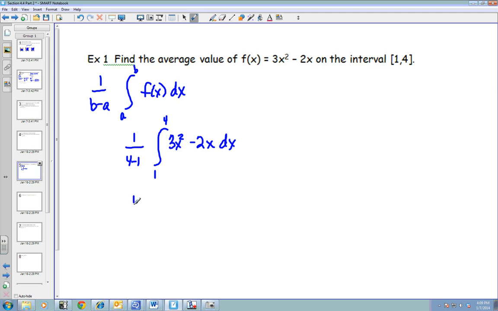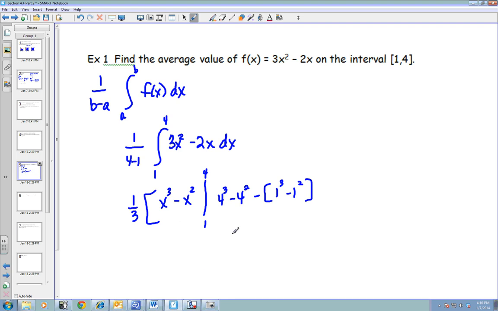So that's 1/3. Now I'm going to integrate this. 3x cubed over 3. So my 3's will cancel. That gives me x cubed minus 2x squared over 2. So that gives me x squared. And I'm evaluating from 1 to 4. Okay, so I'm going to plug my numbers in. 4 cubed minus 4 squared minus 1 cubed minus 1 squared.